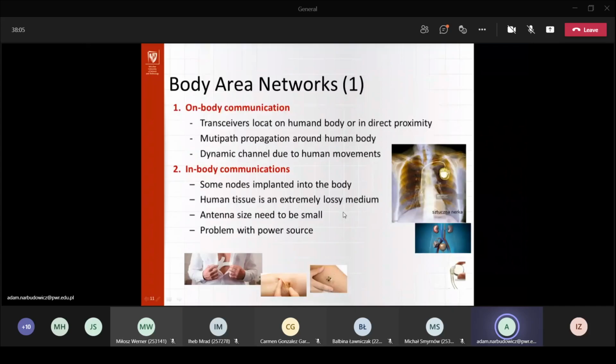Another problem which is also very significant is the antenna size. We touched on that very briefly, but you can imagine that for medical devices, if you want to implant something into a human, you prefer that to be as small as practicable, right? You don't want it to be big, which I hope is obvious.